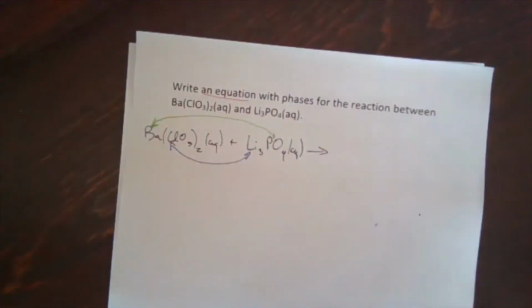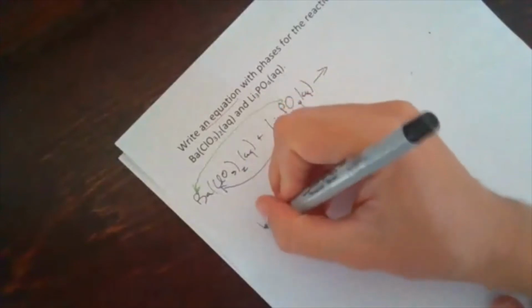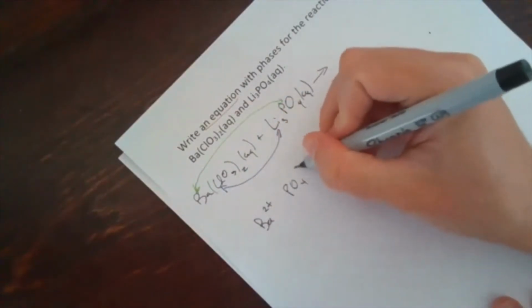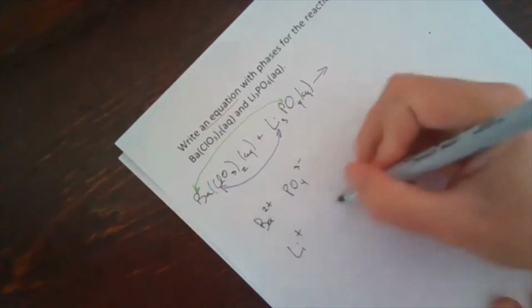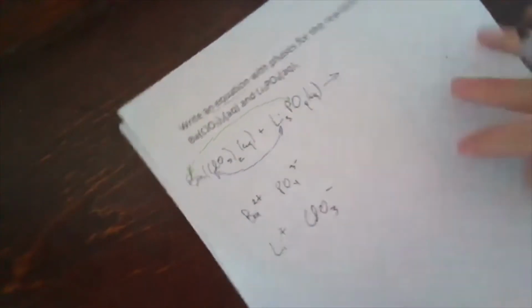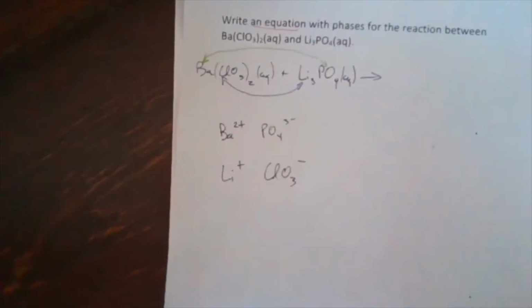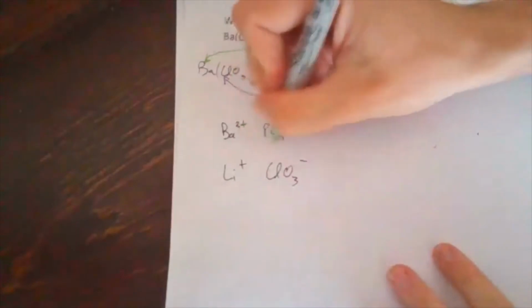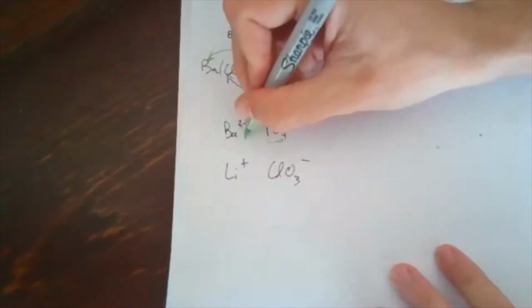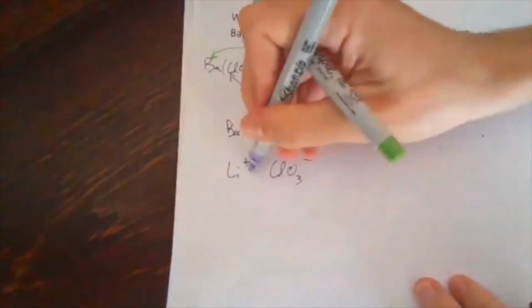This is why we spent all that time previously talking about identifying ions in your substance. So we know Ba2+ is going to go with PO4 3-, and Li+ is going to go with ClO3-. And so we can do our crossover method that we've used previously to go from the ions to figuring out the formulas.